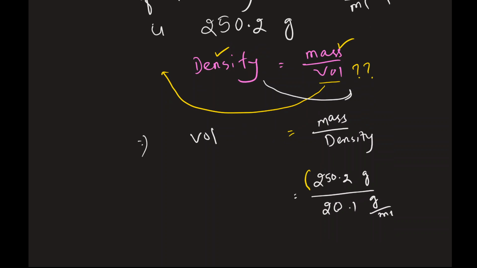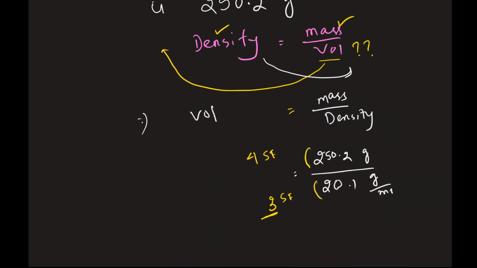So this is 4 sig fig. This is 3 sig fig. So your answer should have how many sig fig? 3. Then the gram gets cancelled, milliliter will go on top. So your answer is volume, so your answer should be some milliliter, and it should have 3 sig fig. I'm not gonna write down the answer for you. You guys can fill this one in by yourself.